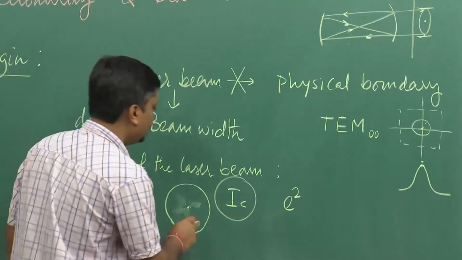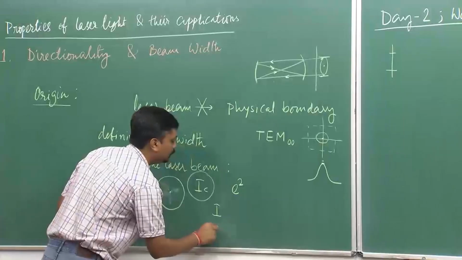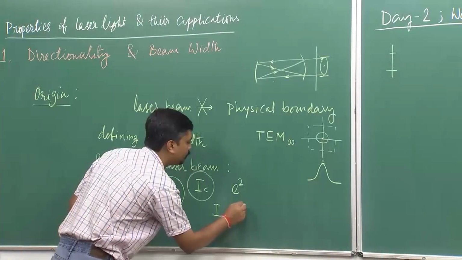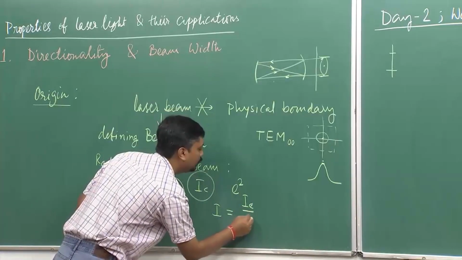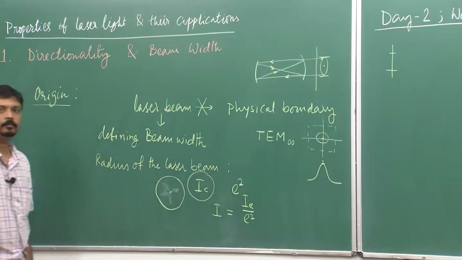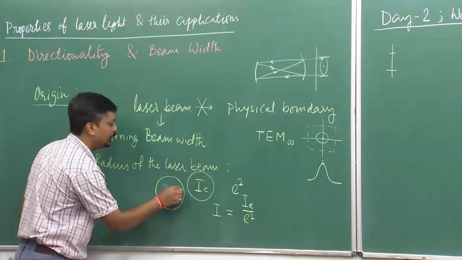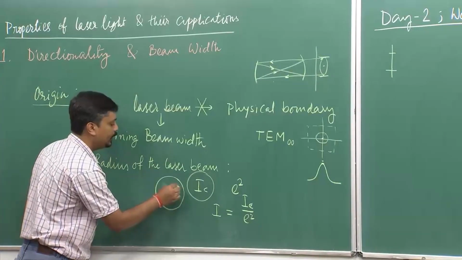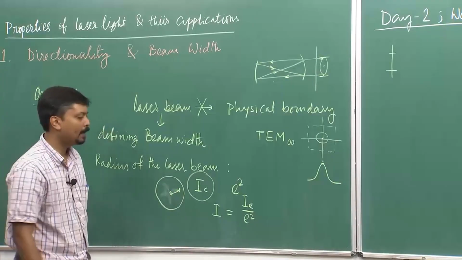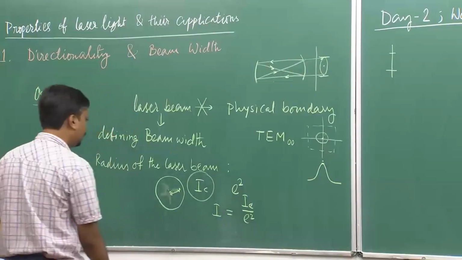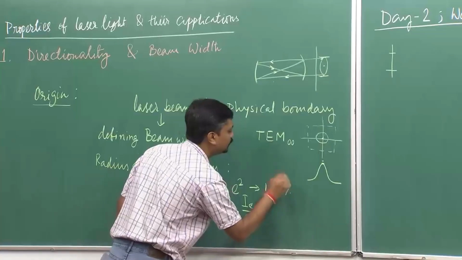So, essentially at a distance where the intensity will be I C by E square, that distance, say that distance is here, then I will say this is the radius of my beam, and this E square is roughly 13.5%.